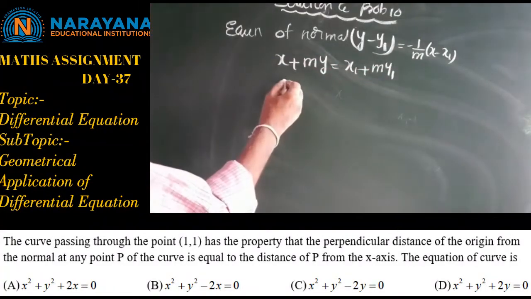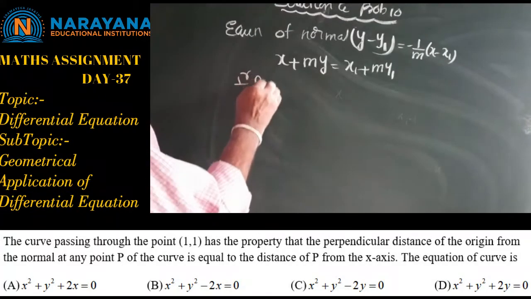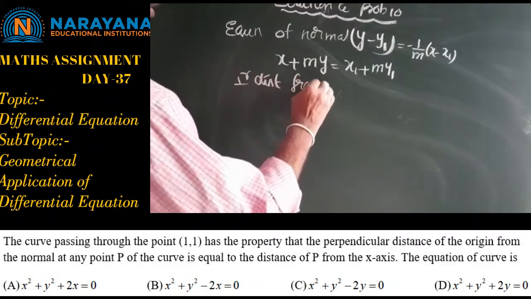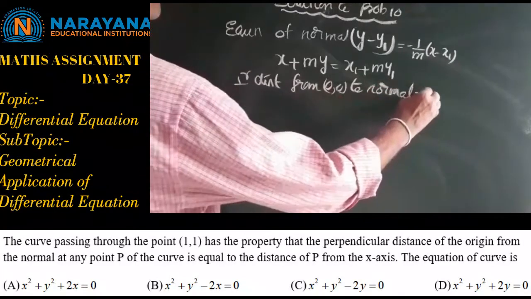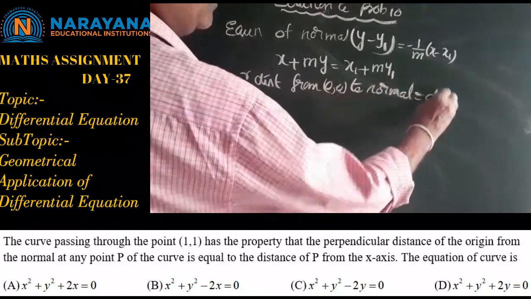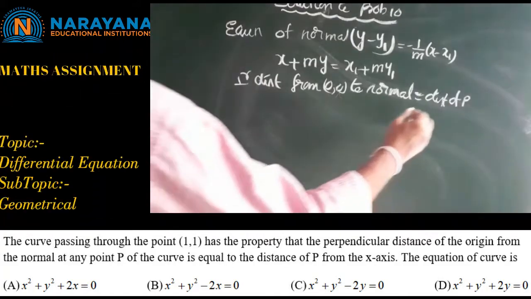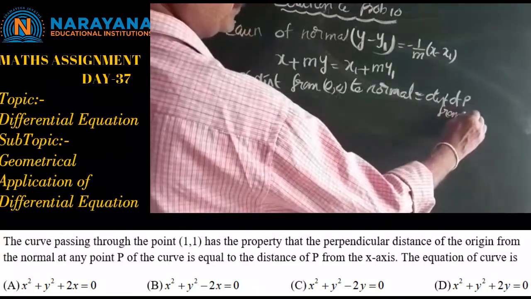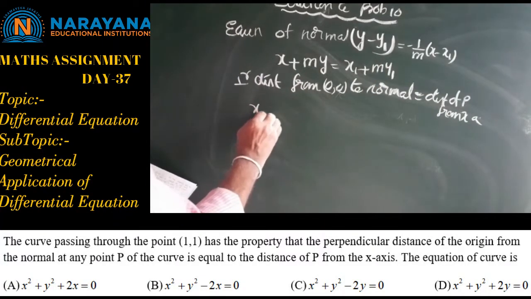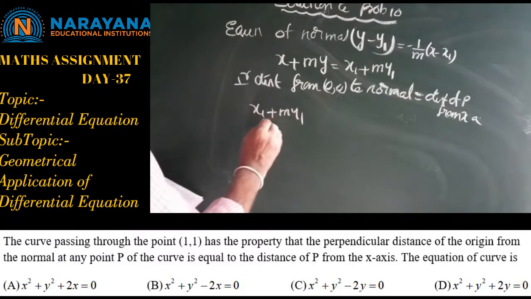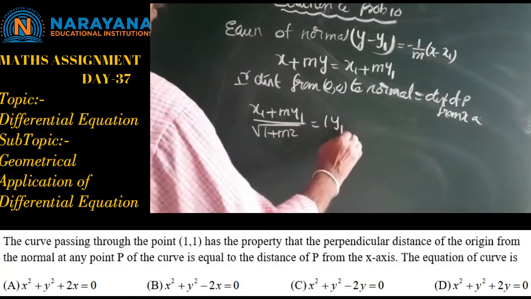It is given that the perpendicular distance from the origin, 0 comma 0, to the normal is equal to the distance of P from the y-axis, the distance of P from the x-axis. So the perpendicular distance is mod c by root of a square plus b square. So x1 plus my1 divided by root of 1 plus m square is equal to mod y1.